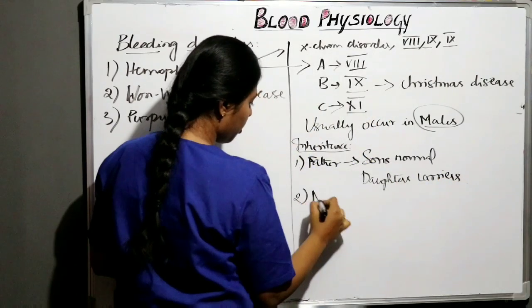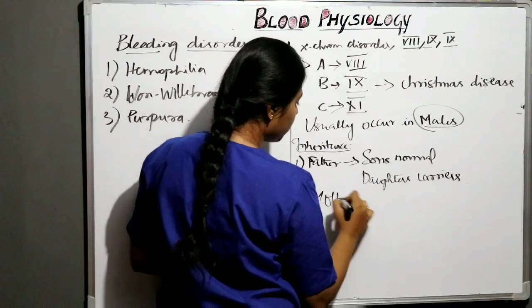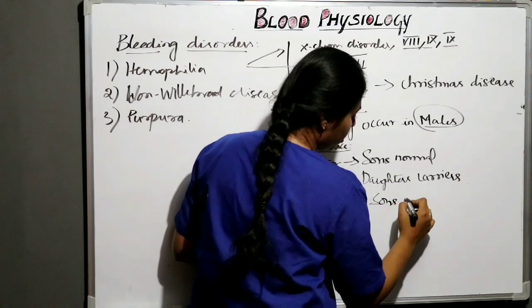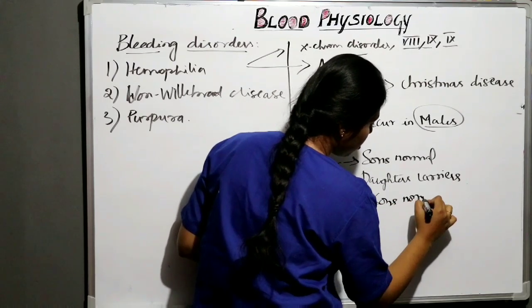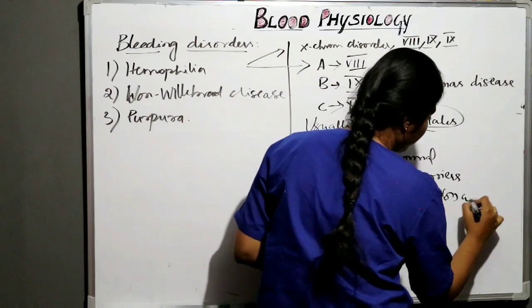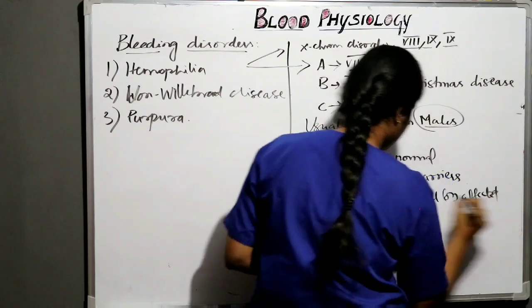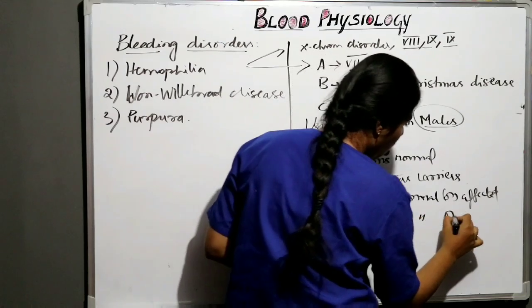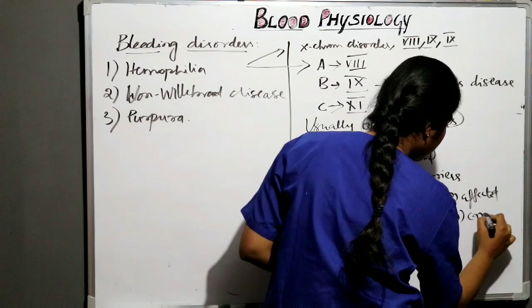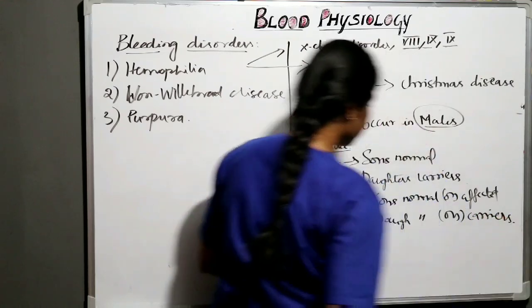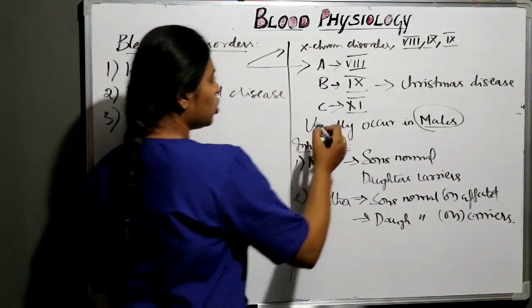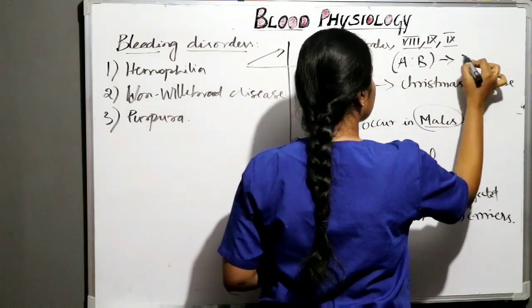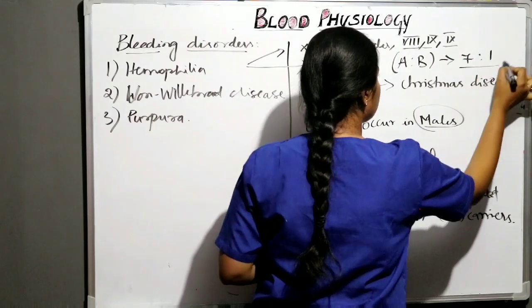If mother is affected, then sons may be normal or affected. Daughters may be normal or they will be the carriers. Then the ratio of A and B is 7:1.